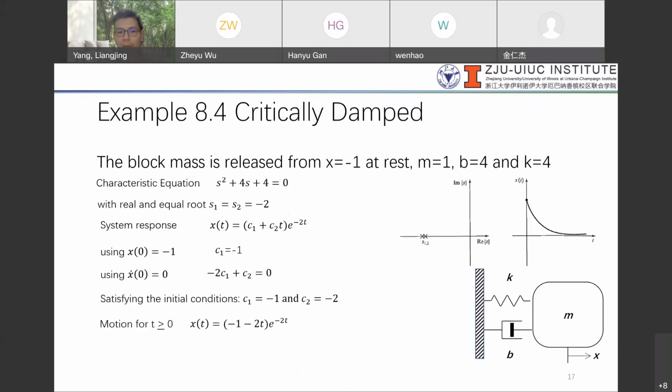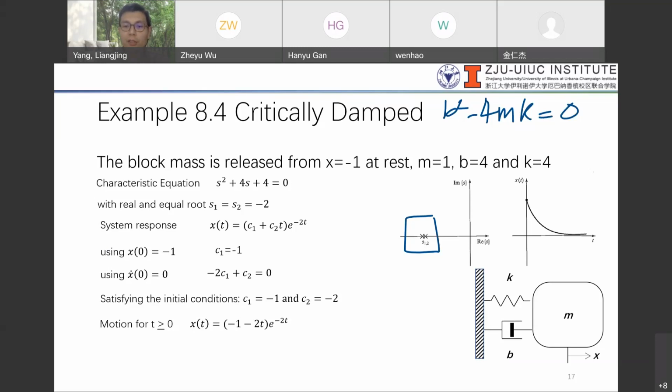So critically damped will be the case where we have equal roots. So S1 and S2 are the same, because our b squared minus 4mk equals 0.